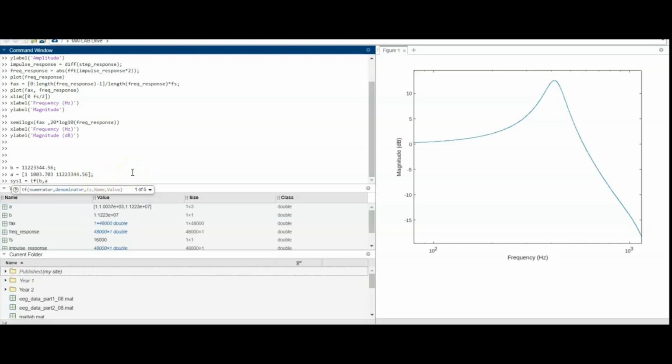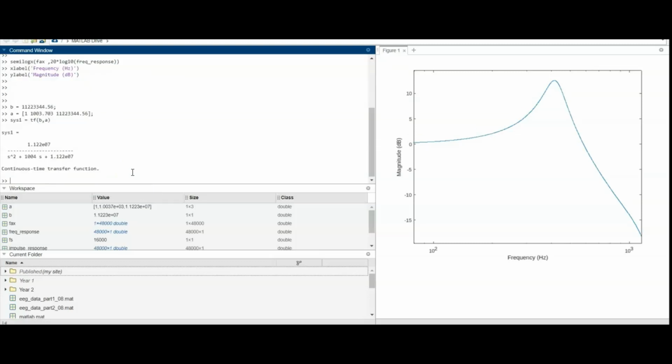And we can see now system 1 equals this transfer function. If you look back from earlier, it's the same as the one we got when we were doing our calculations. So using this system, we can get the step response and the bode plot just from having the transfer function.